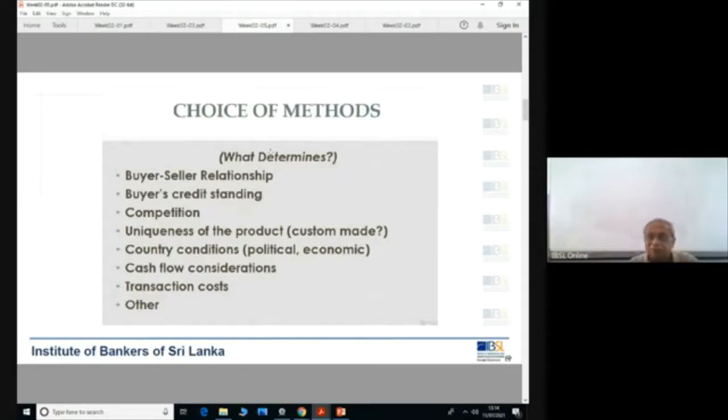Then the uniqueness of the product. If it is custom made, it's a unique thing, then the seller can demand; he has the upper hand. Then country conditions. The buyer and the seller may have a very good relationship, but the political and economic situation of a country also affects your choices.